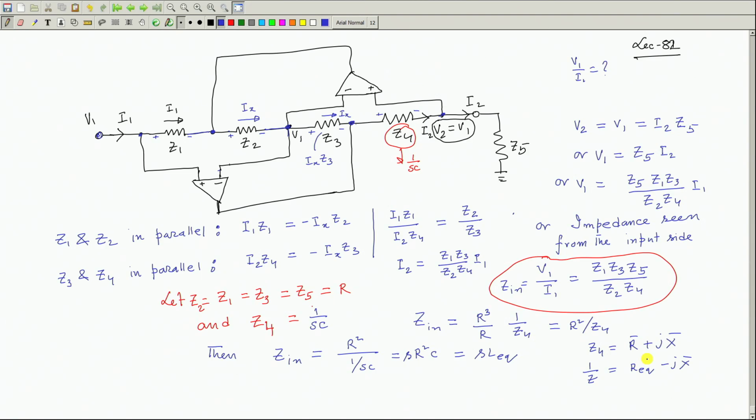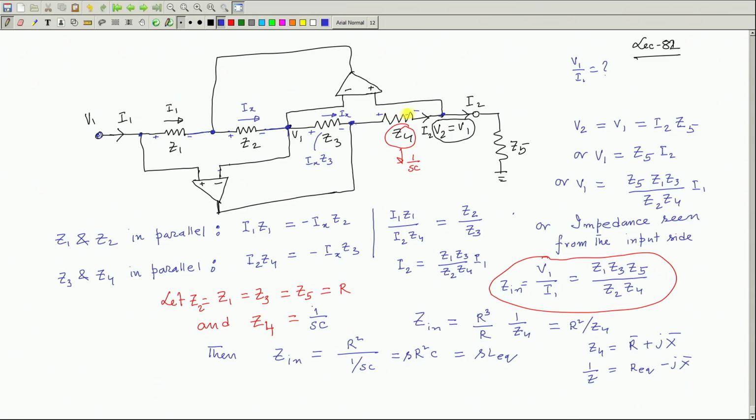What happens is this: in a very large scale integrated circuit, if you want to simulate an inductor between these two terminals, an inductor requires a magnetic circuit with a lot of turns, and the size becomes bulky. Instead, if you connect an inductor here, it will appear to be a capacitance between these two points.